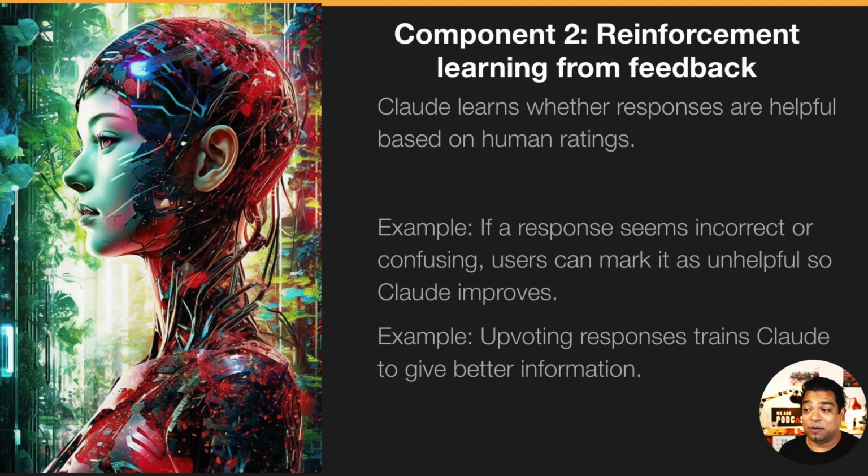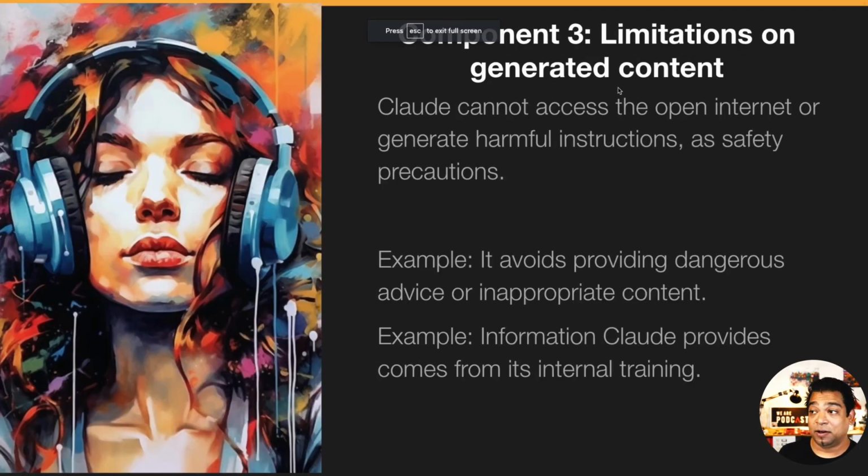So, for example, if a response seems incorrect or confusing, users can mark it as unhelpful so that Claude or ChatGPT improves it. Upvoting a response trains Claude to give it better information. And finally, the third component is the limitations on generated content. Claude cannot access the open internet or generate harmful instructions as safety precautions.